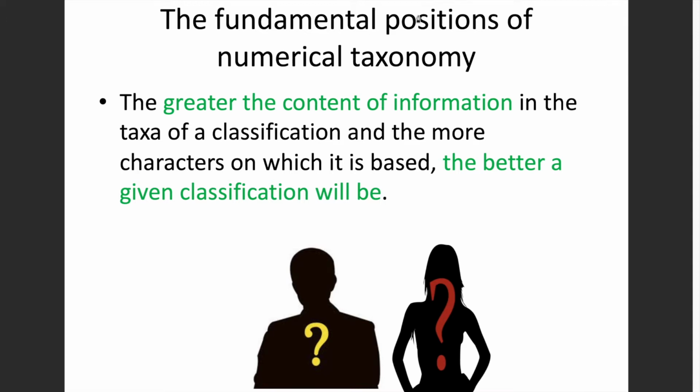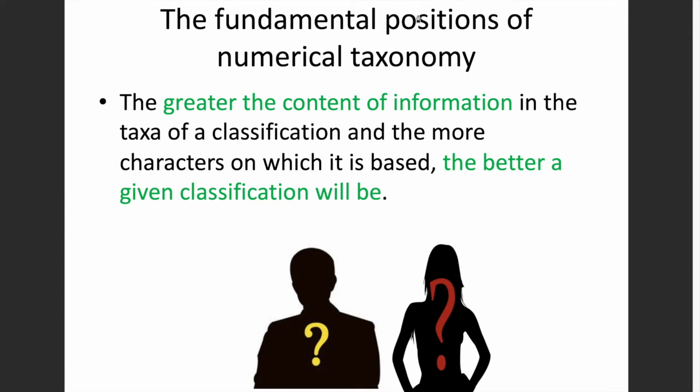Okay? So the greater the content of information in the taxa. So if you have so many measurements for the taxa that you are studying, the better, because you will have a much better classification scheme as a result, no?